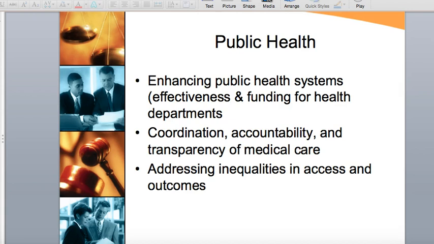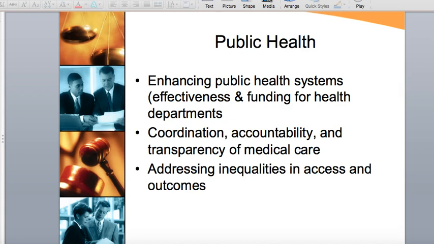We also know that we still have a long way to go in terms of coordinating services between healthcare providers and institutions, being more accountable for the services that are provided, and having a stronger stake in the outcomes with patients once they're discharged or released from a health system.